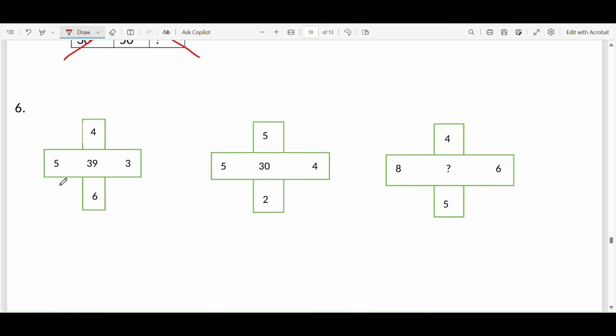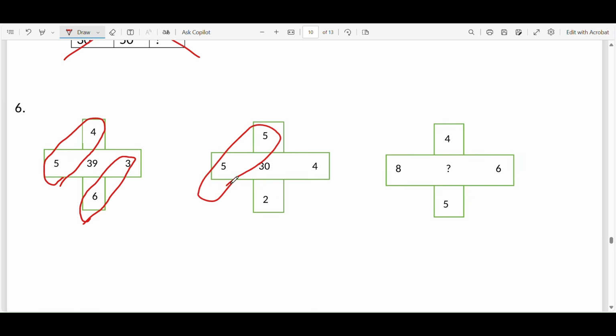And let's try this. 5 into 4, you will be getting 20. And 6 into 3, you will be getting 18. So 20 plus 18 will be 38. So here the number is 39. But okay, by adding 1 you will be getting it. So let's see like this.